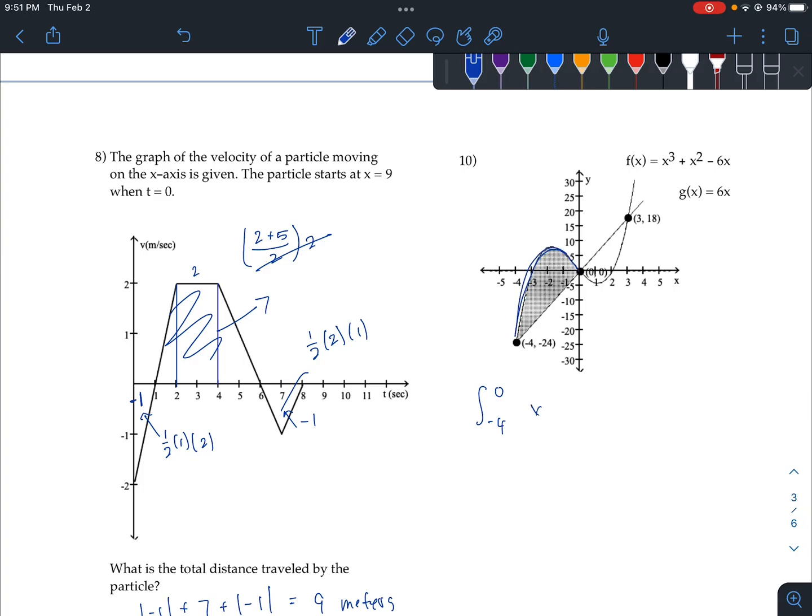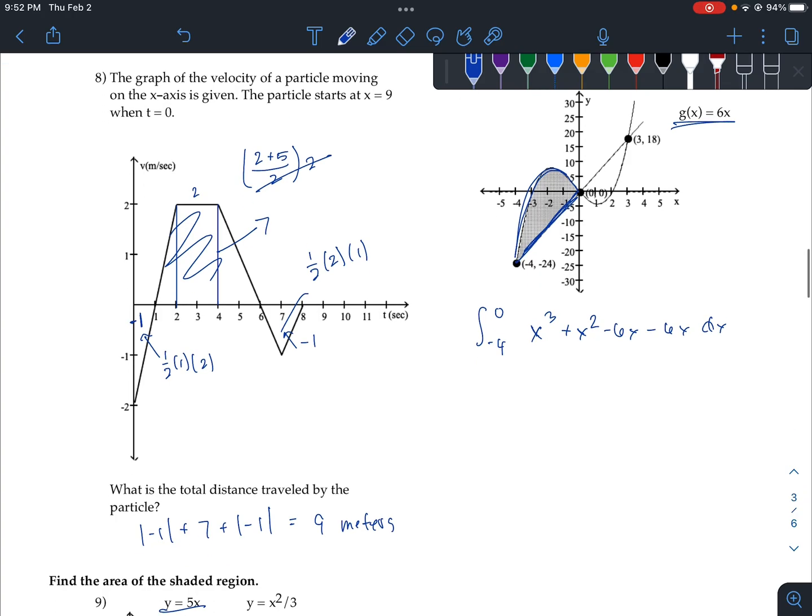In this case, that's x cubed plus x squared minus 6x, and then subtract the function that is below, which is 6x, so minus 6x dx. So this is the integral from -4 to 0 of x cubed plus x squared minus 12x dx.